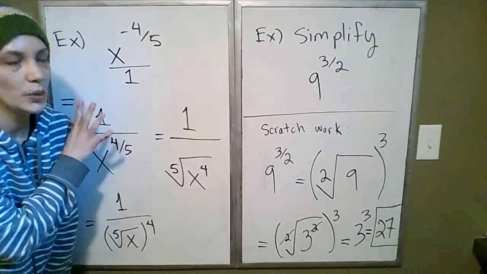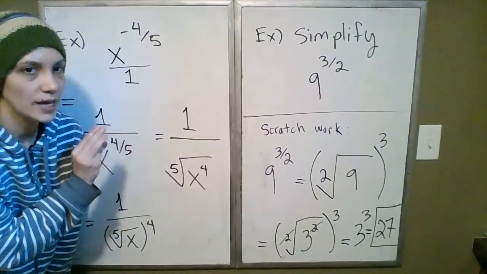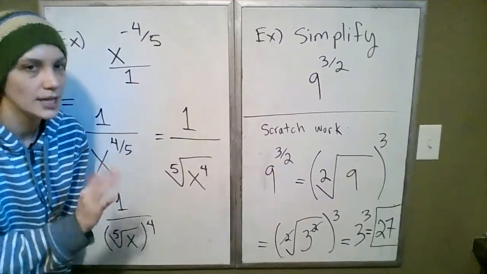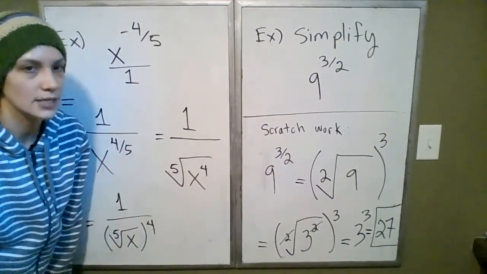So we're going to go over 3 things you need to have a simplified radical, and then we just practice until the end of class.